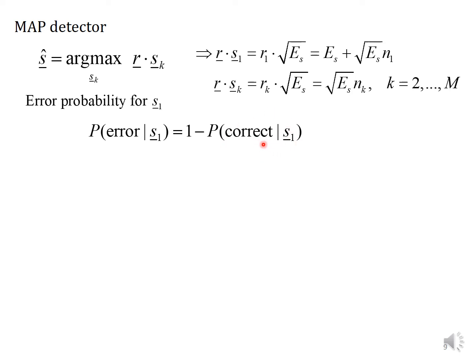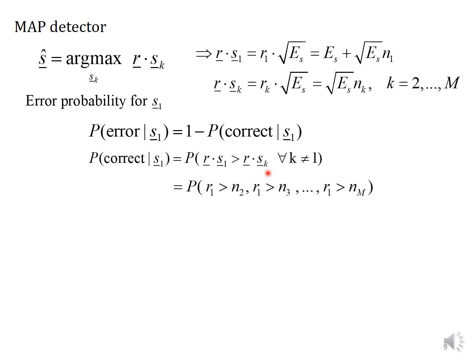The correct detection probability occurs when the first correlation is greater than all the other correlations. What does that mean?